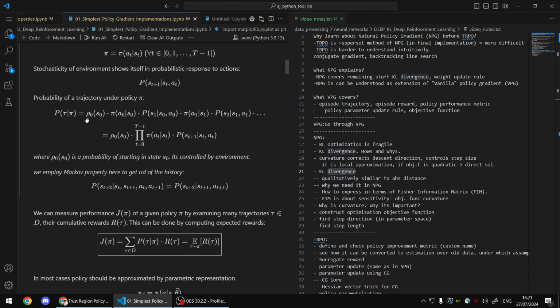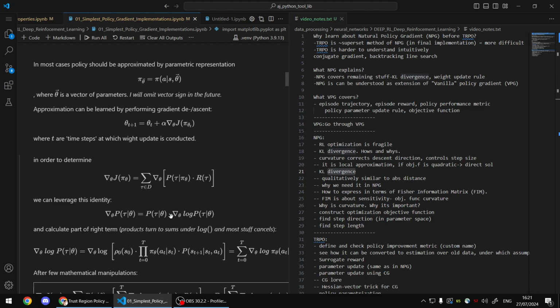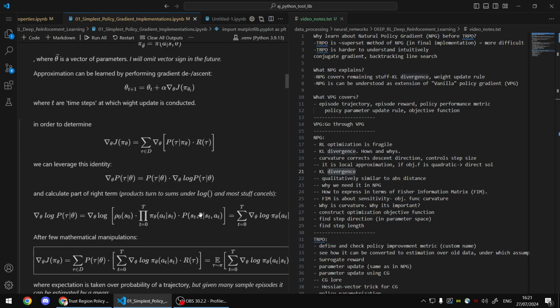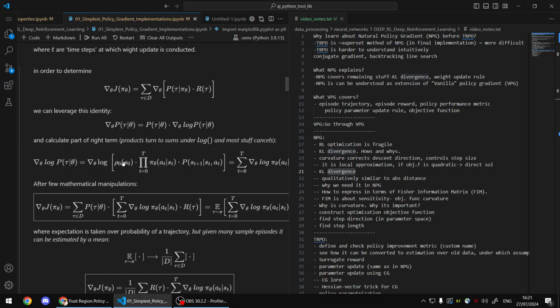And if you know that the natural log of a product is a sum of logs of terms, and then we take a gradient of each term in a sum, right? This is the idea.